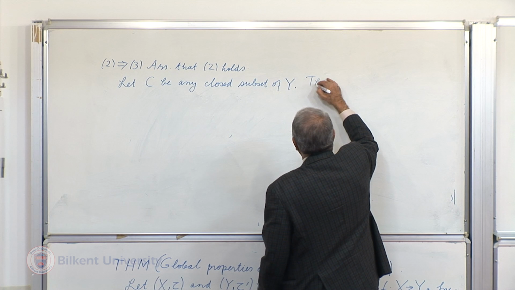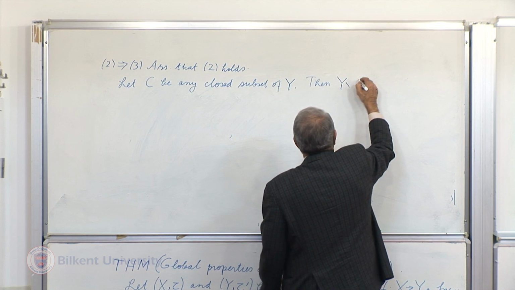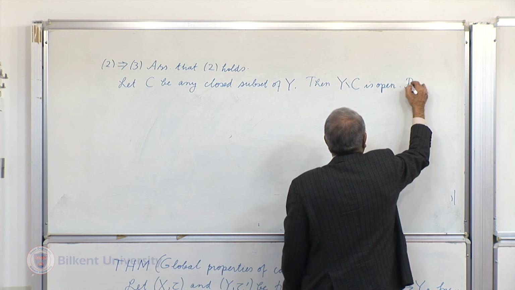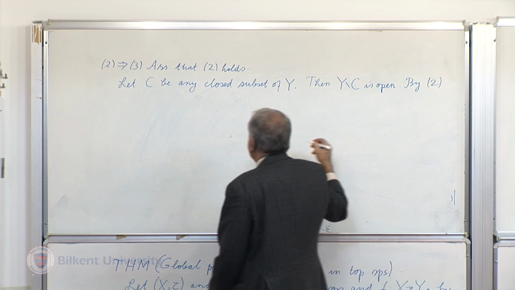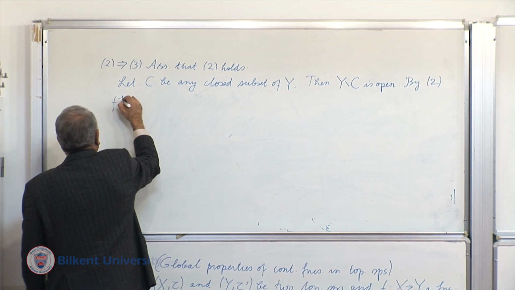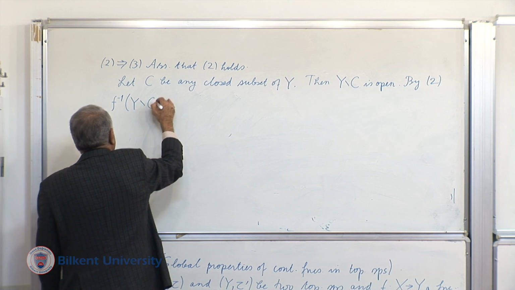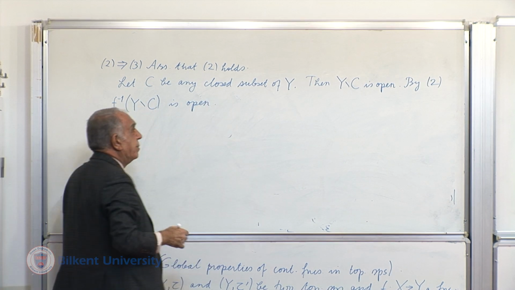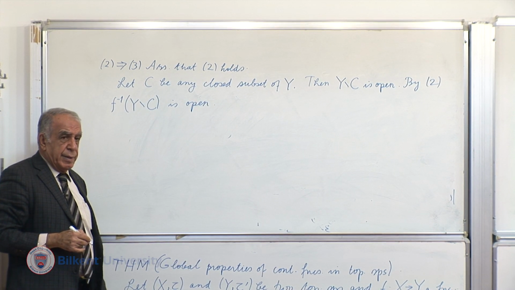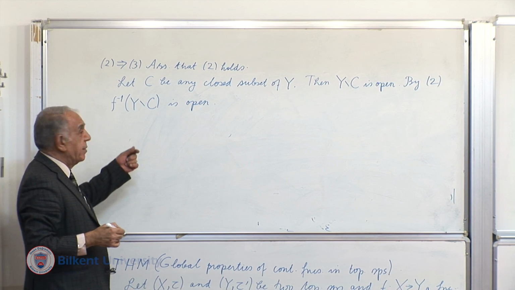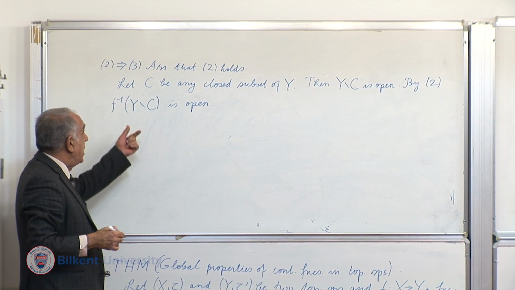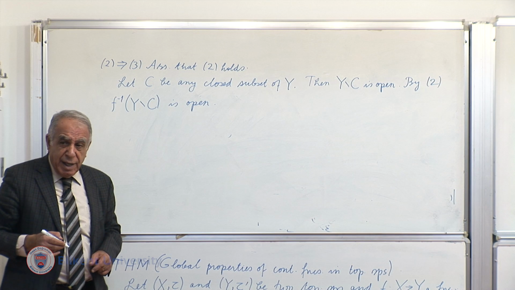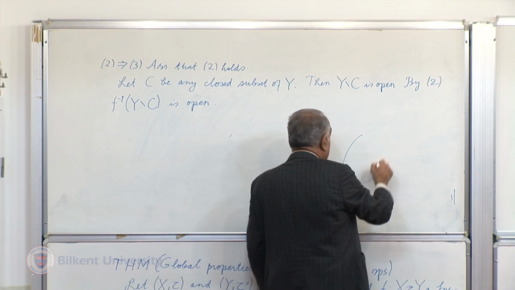Then Y minus C is open by 2, so f inverse of Y minus C is open. We're interested in f inverse of C. But how are f inverse of C and f inverse of Y minus C related? Let me draw once more a picture.